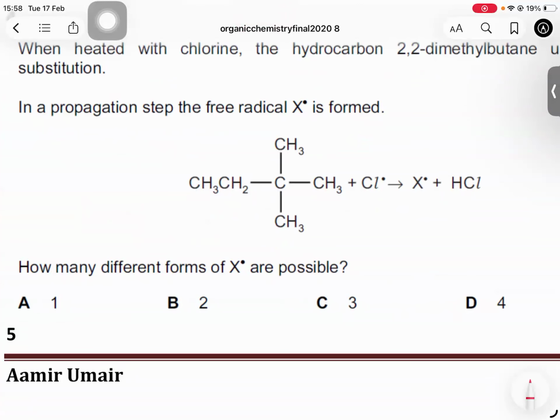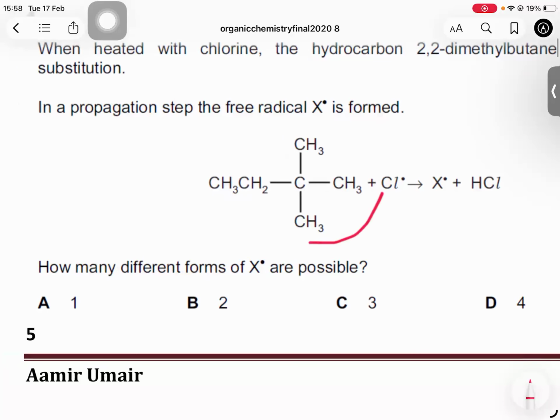How many different types of free radicals possible? Okay, let's see. So will come. 1, 2, 3, 4. No, 3. The fourth one won't count as the same. This Cl, let's start from it. This Cl comes and takes hydrogen from here. What will be the free radical?